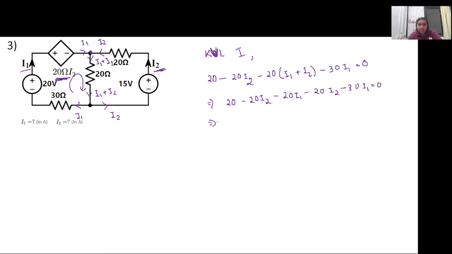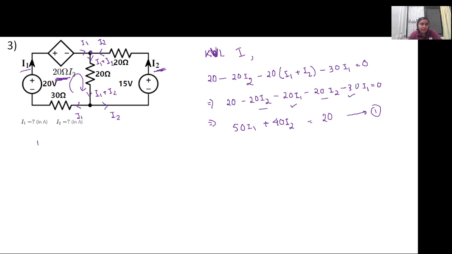If we simplify this and take I1 and I2 to the other side, it will be 40 I2, then I1 is 20 plus 30, so it is 50 I1. This will be equal to 20. This is the first equation.